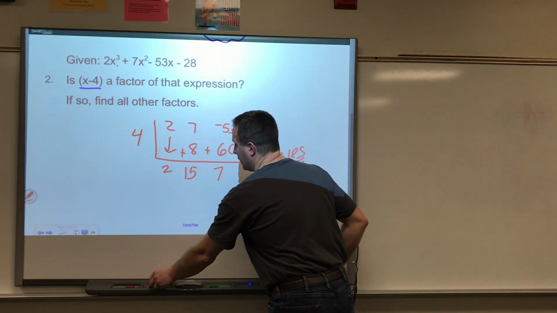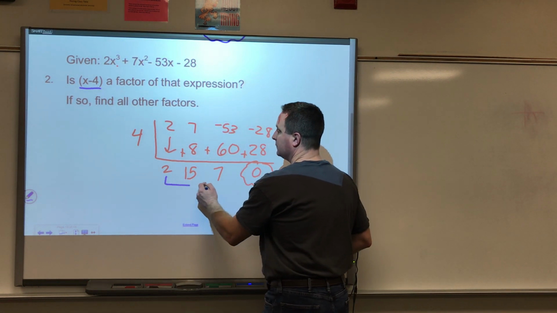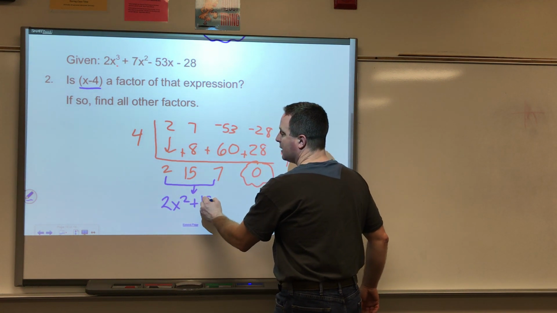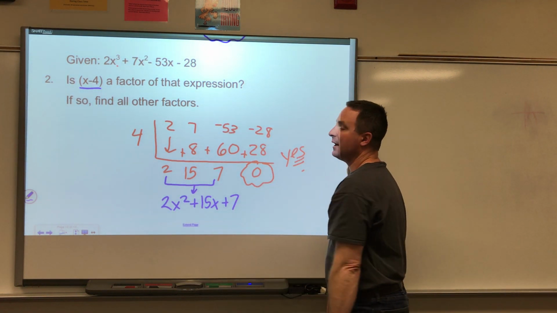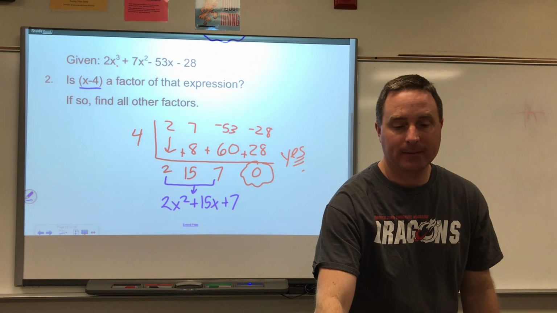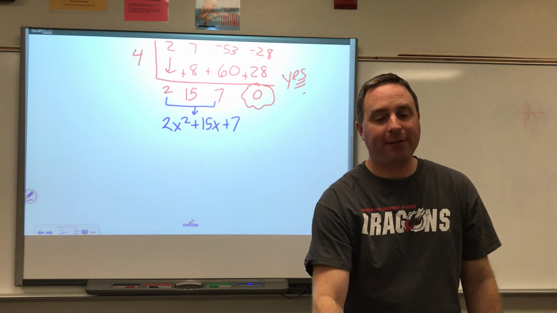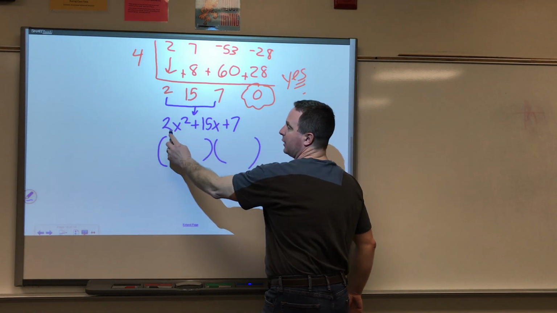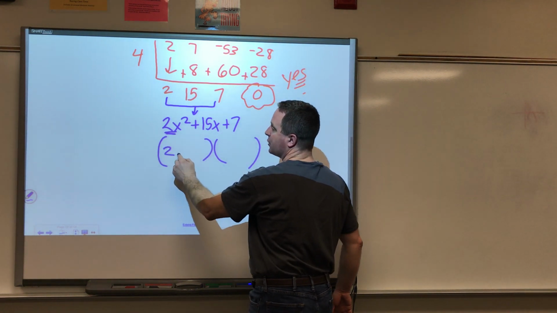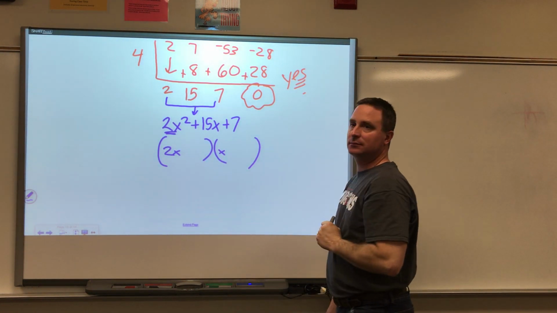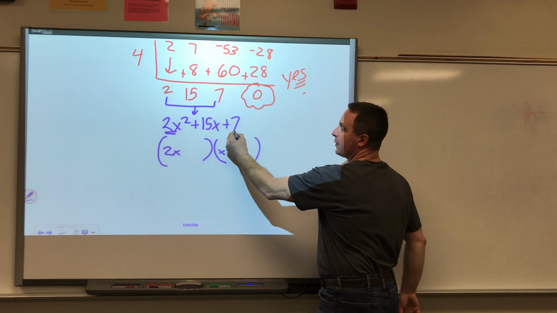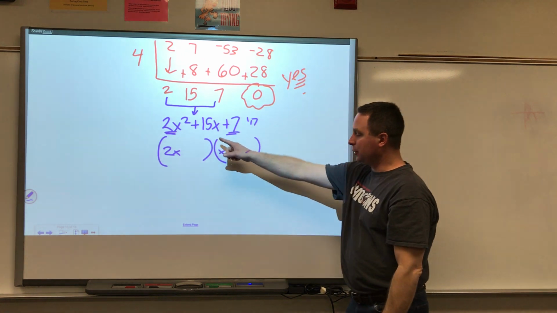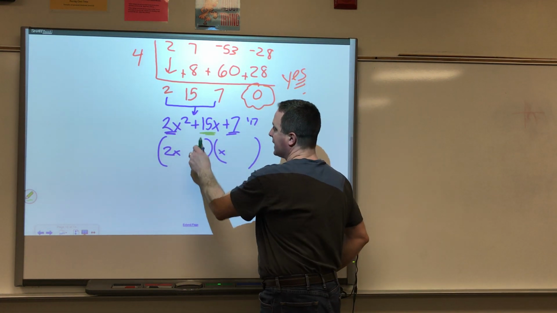Then lastly, we're going to take this and change it back into a polynomial expression. It's 2x squared plus 15x plus 7. And then we want to factor that. When I look at the first number, the only choices are 2x and 1x. For the last number, the only choices are 1 and 7. I need to put them in there so that I get a 15.